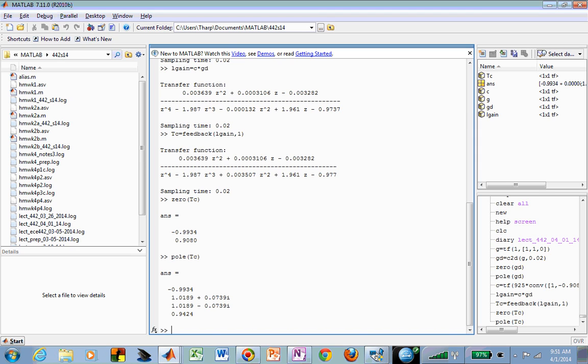Now what I want to do is evaluate or examine the step response of that particular transfer function.